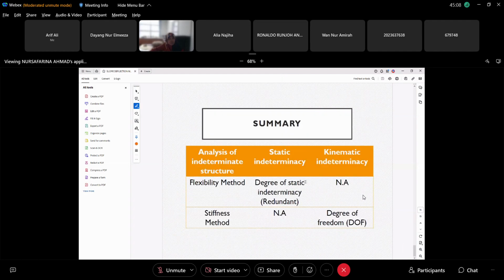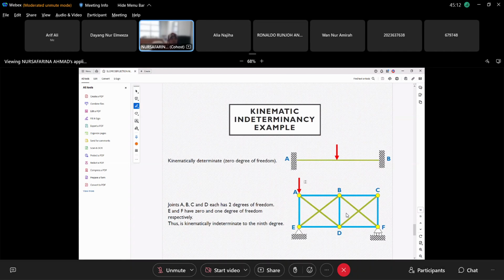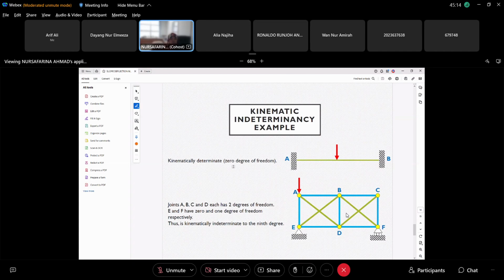Okay. Alright, so here kinematic determinate, the 0 degree of freedom. Okay, so determinate. So for here joint A, B, C and D each has 2 degrees of freedom. Joint A, B, C 2 degrees of freedom sebab dia pin jointed. So dia ada X and Y, X and Y, X and Y. Okay.